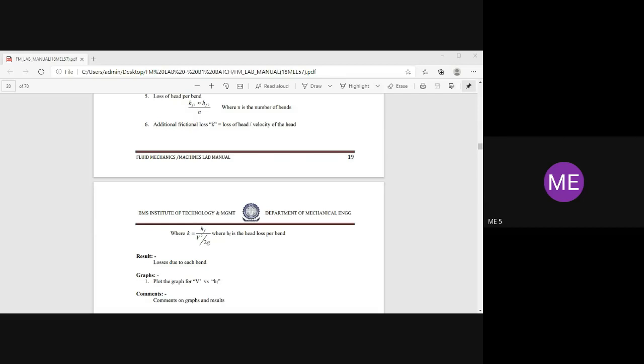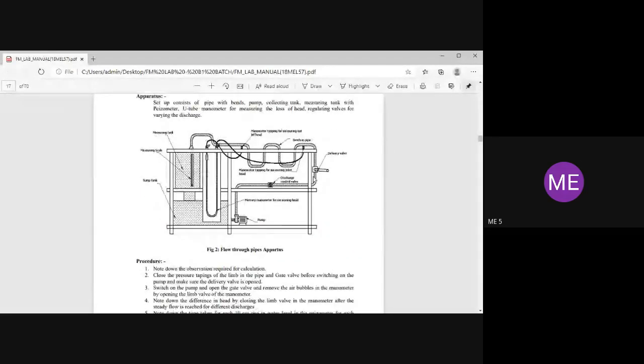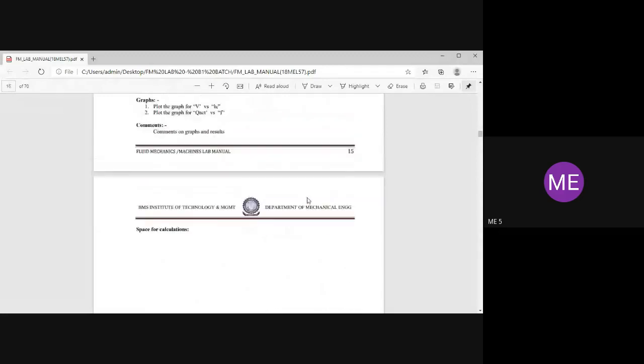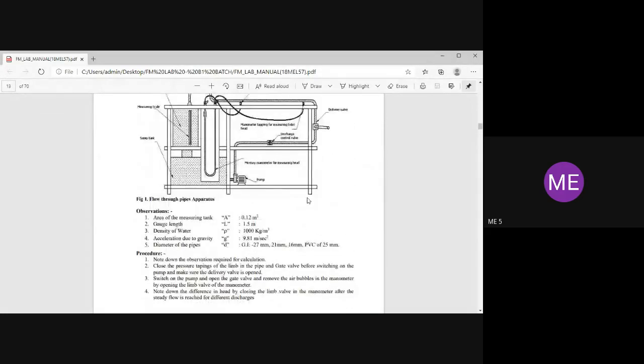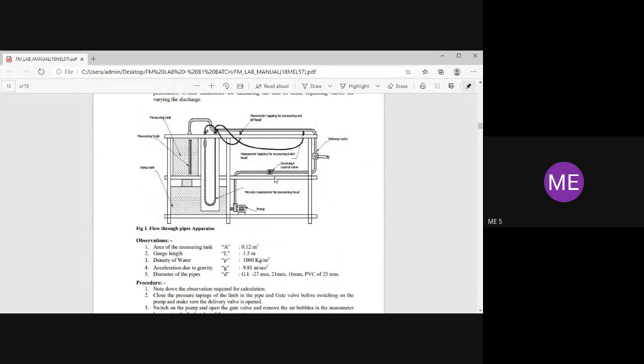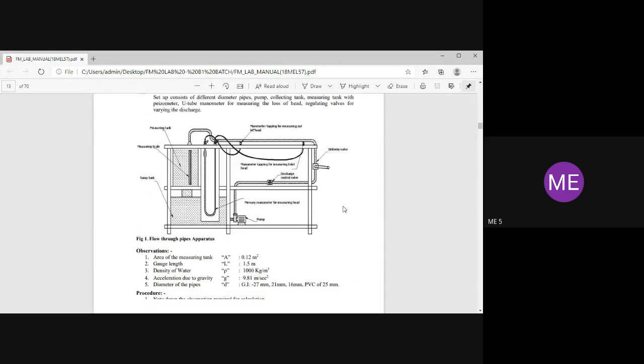You see the diagrams I'll share. What we did today is minor losses, and you are going to observe pipe bends. In the previous experiment on major losses, we did not find any pipe bends. That is the difference between major losses and minor losses.